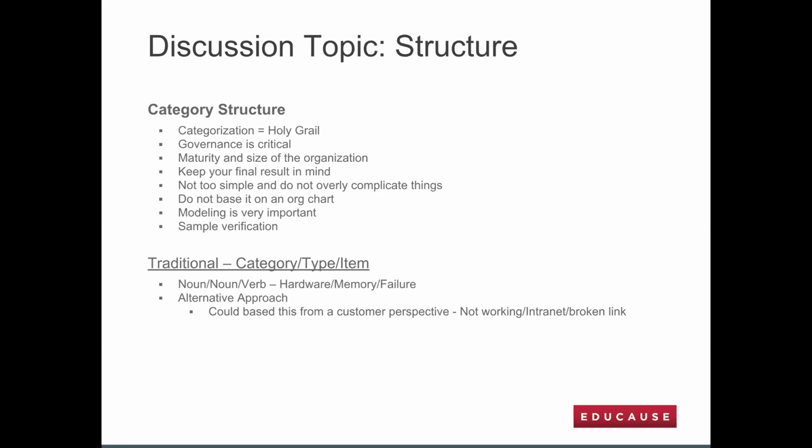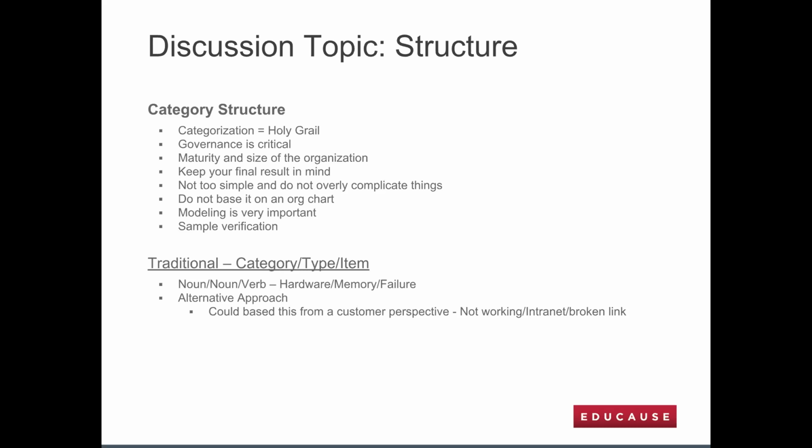Once you know what you're trying to do, you can start thinking about governance, right? Who do I need to set up on a committee to structure the category, type, and item? That's going to be important. I'd say try to keep it small. You might have a high-level small meeting and then a larger group committee below, maybe a check and balance kind of structure. But governance is important.